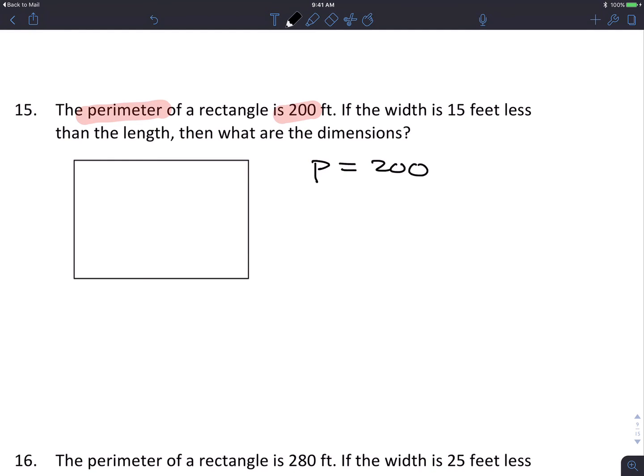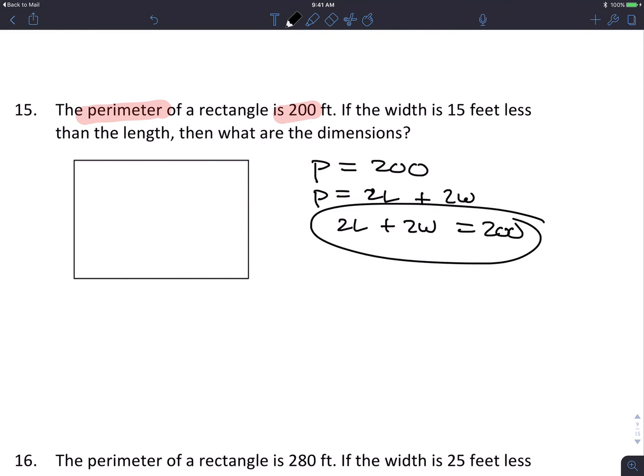Now, if you remember from the past, we know that that perimeter is also going to be 2 times the length plus 2 times the width. That's our perimeter formula. And then really together, we can say 2L plus 2W is 200. So we're going to set the table, I guess, and find out, and we're going to use this: 2L plus 2W is 200.